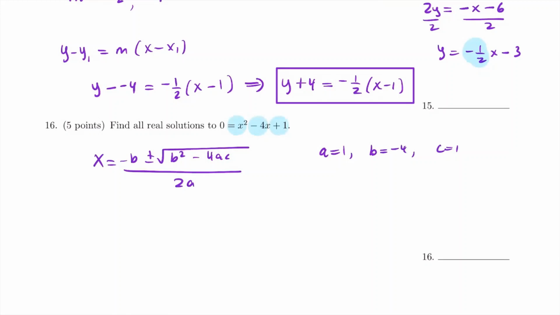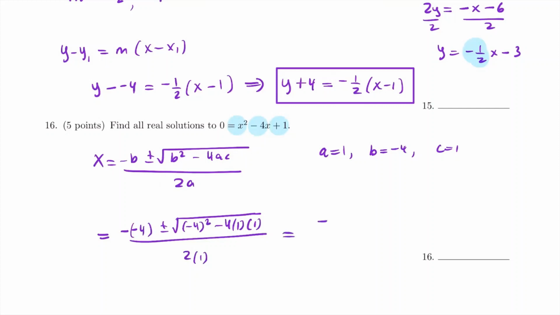Now let's substitute them into our formula. We have negative b, so negative 4, plus and minus square root of b squared minus 4ac, all over 2 times a.